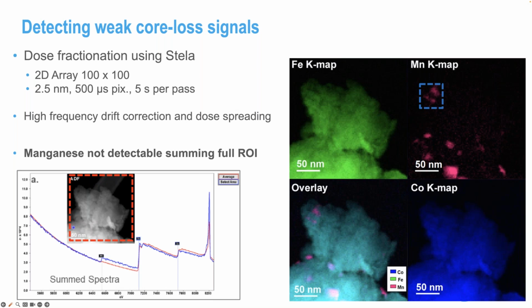Just to show you what that looks like, the red dashed box here corresponds to the summation area in the spectrum image for the red spectrum, and the blue spectrum corresponds to this small ROI in the manganese map, which is localized to these particles. And if you look at the spectra here, the difference is obvious.